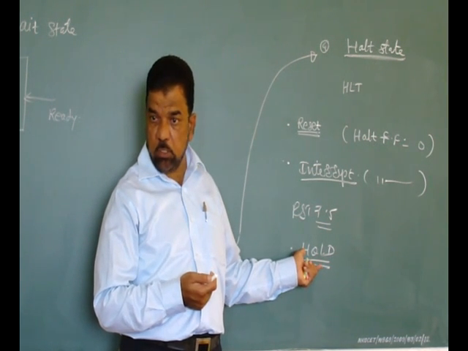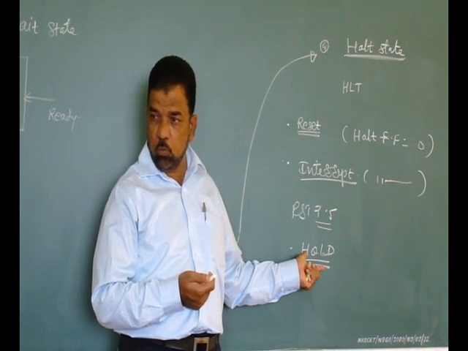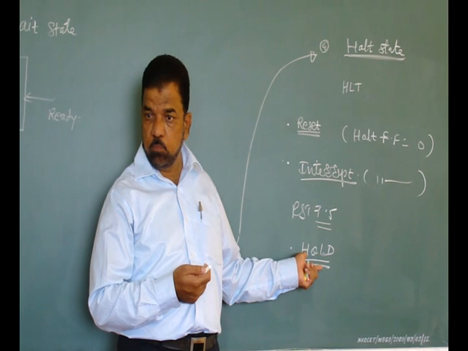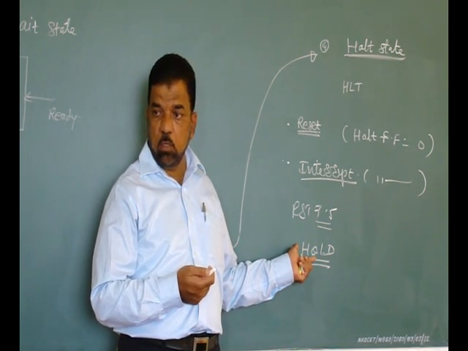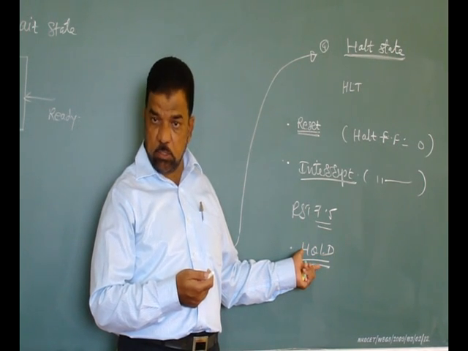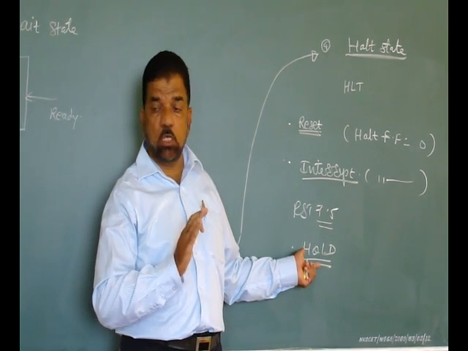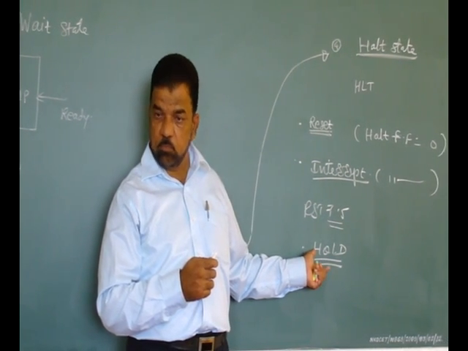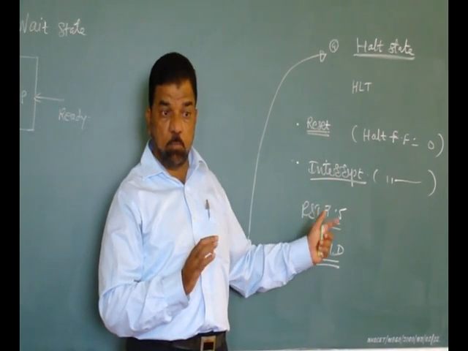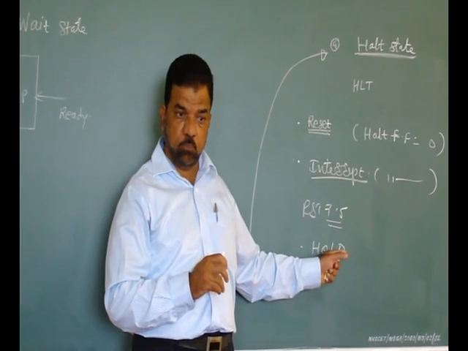But what is the effect of hold? After completion of the machine cycle, the HLDA flip-flop is set, and the processor gives the control of the buses to another master. This is the sequence. Now that master will use all the buses.